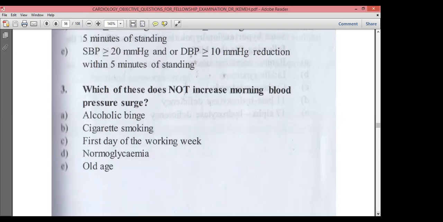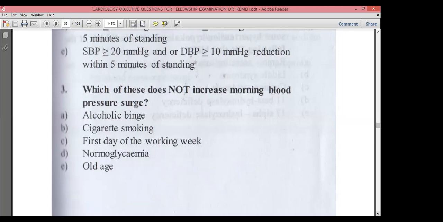Then some seasons like winter, they even wrote Monday, will also affect morning surge. So the correct answer is D. I'll put what I just said on the WhatsApp group.